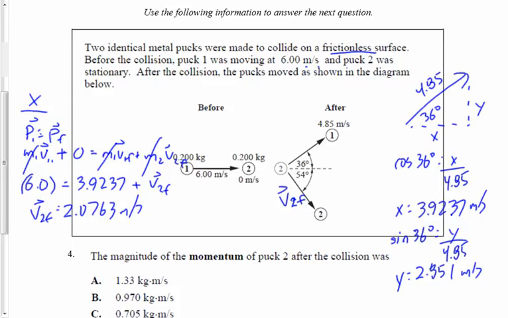Anybody see a shortcut for this? Tony, was your hand going up? No? Well, I was just going to say, find the initial momentum. No, never mind. The initial momentum will be the same as the final momentum, okay, but of the system, right?